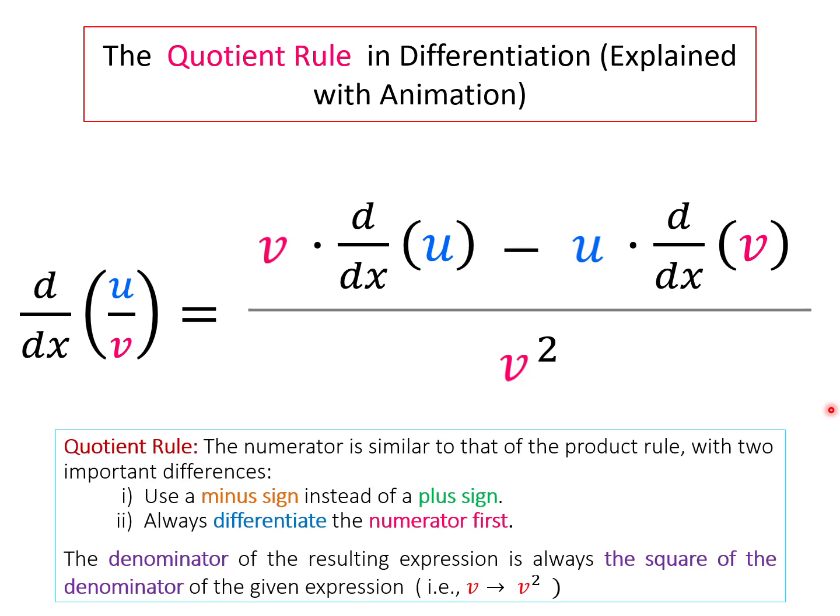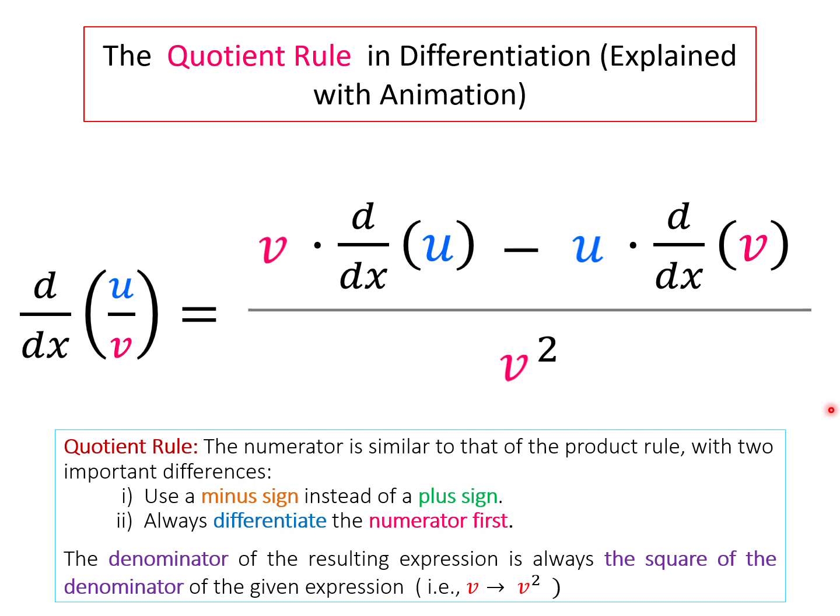Now to remember this formula, it is a bit confusing. Many students make mistakes. So you can compare this with product formula. Product formula is very simple, because in that we are simply differentiating one function at a time, keeping the other outside.